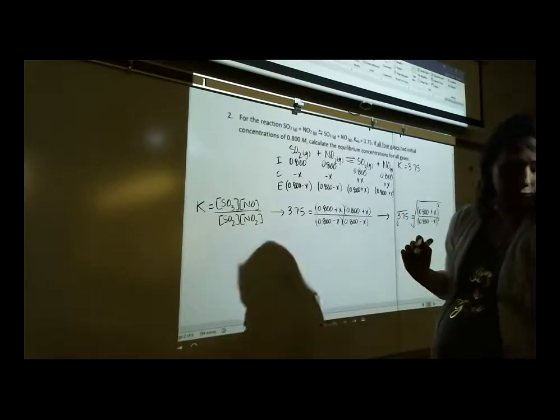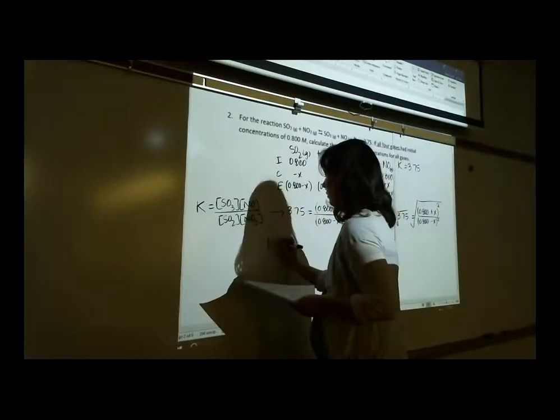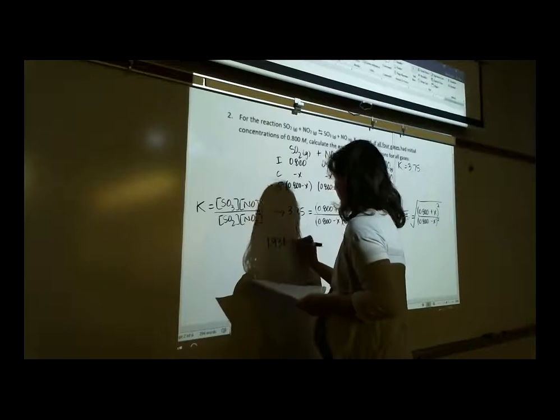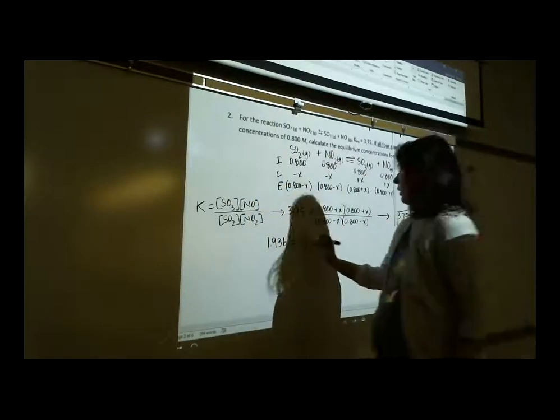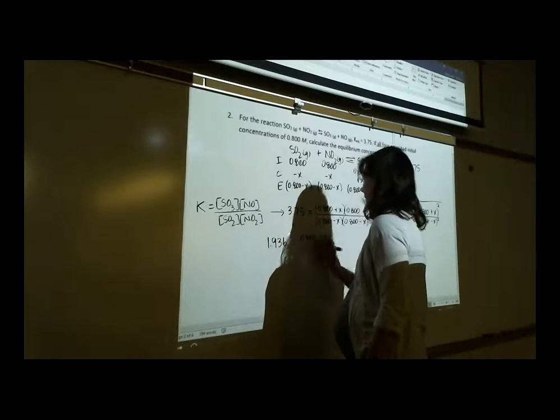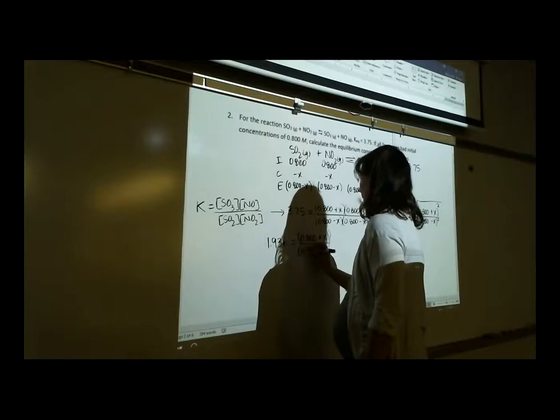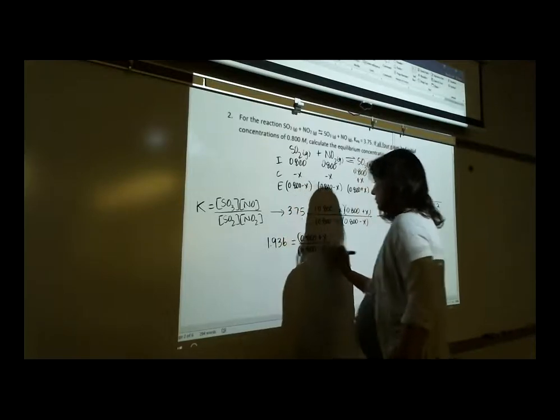So what did I get? 1.936. 1.936 is equal to 0.800 plus X divided by 0.800 minus X, right?